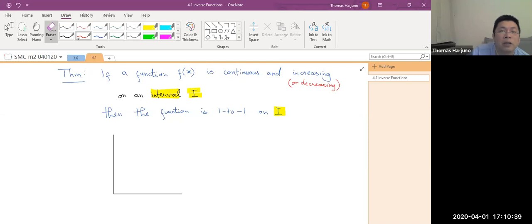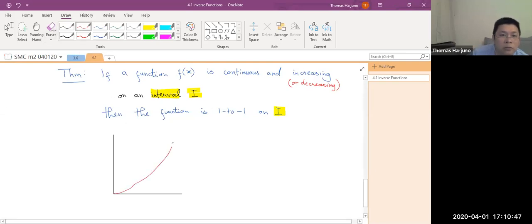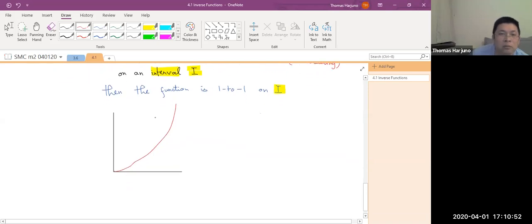What happens if we have this kind of function? Something that looks like x squared. The graph of x squared actually looks like this, right?